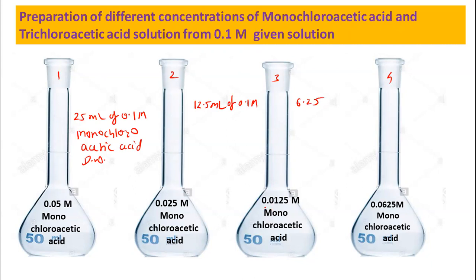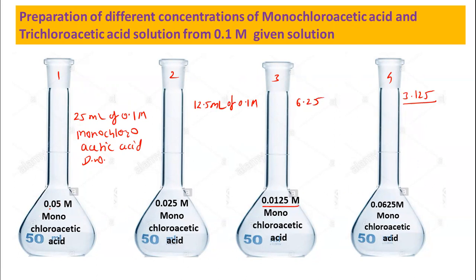Then the concentration of the solution becomes 0.0125 molar. For the last solution, we have to take around half of this 6.25, which is 3.125 ml of monochloroacetic acid, and dilute it up to the mark.